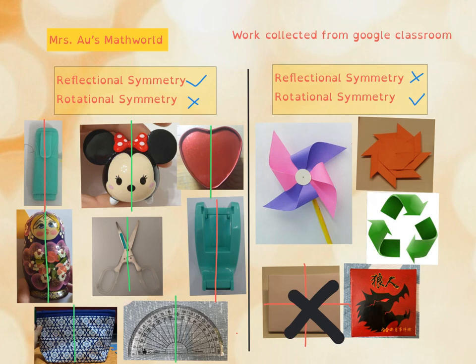For the square, you also get 4 axes of symmetry, which is also a kind of reflectional symmetry. So these two are incorrect. For the rest of them, they are correct, with the order of rotational symmetry as follows.